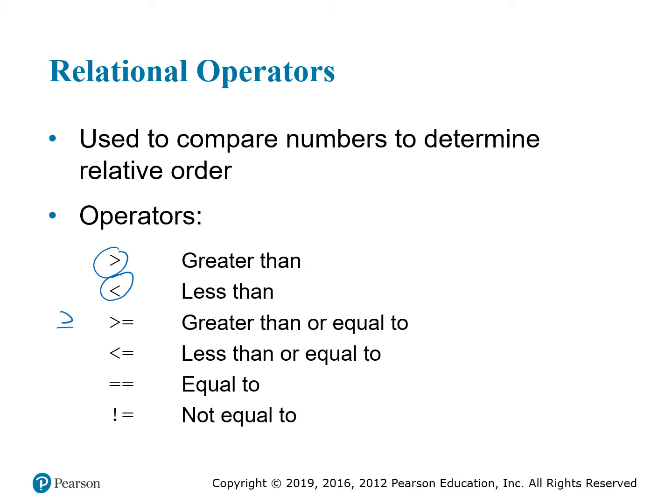Instead of writing greater than or equal to and less than or equal to as a single operator, now that we have Unicode, those are available in our character sets, but C++ predates that quite a bit, and it's also much easier to type at a regular keyboard. Greater than followed by the equal sign, less than followed by the equal sign.